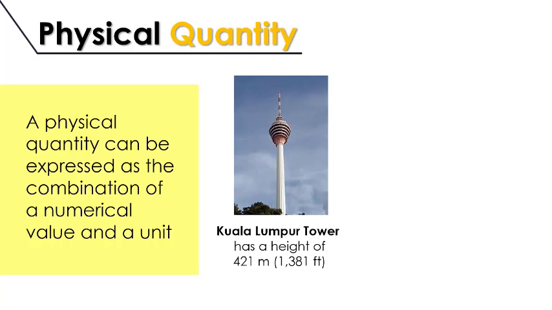For example, if I mention the height of the Kuala Lumpur Tower is 421, you wouldn't know how long it is since you wouldn't know what 421 represents. In fact, this measurement would only make sense if the number 421 had a corresponding unit of measurement, which is meter.